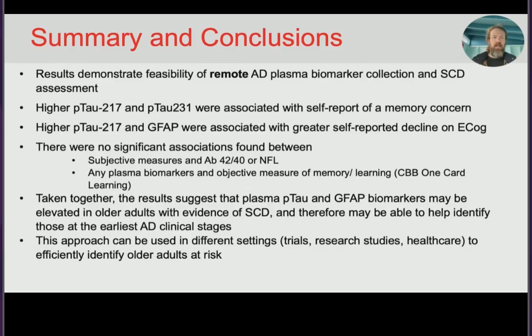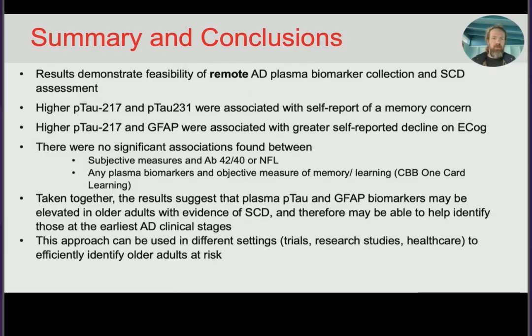We also found that higher p-tau 217 and GFAP were associated with greater self-reported decline on the everyday cognition scale. There were no significant associations found between subjective measures, amyloid beta 42 over 40 or NFL, and no significant associations found between any plasma biomarkers and objective measure of memory and learning, such as the one-card learning task with the cog state brief battery.